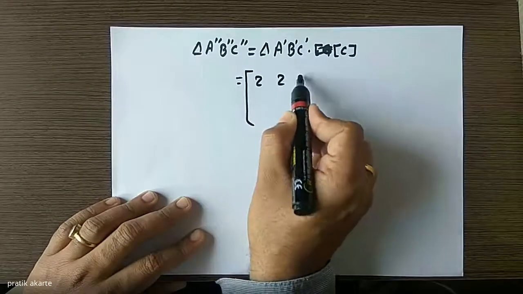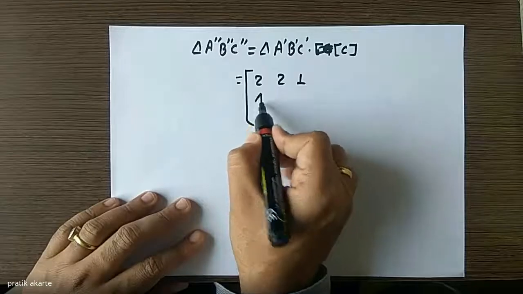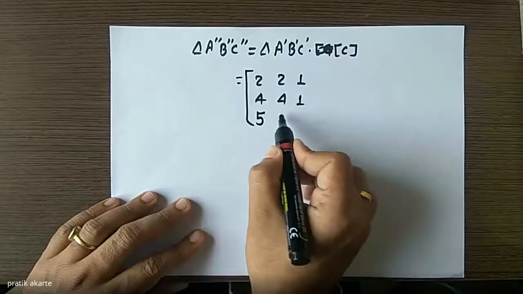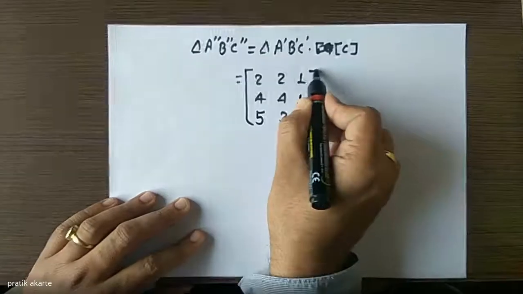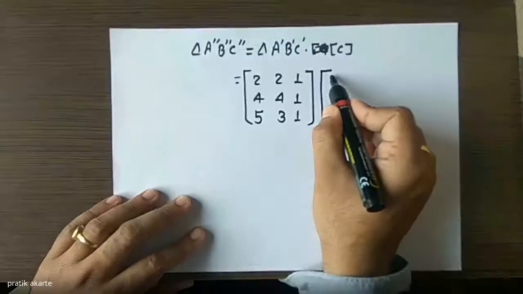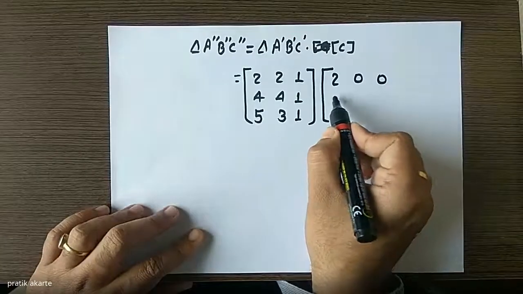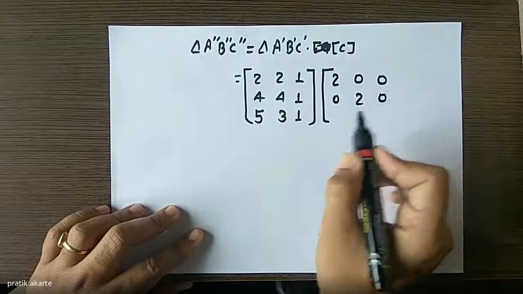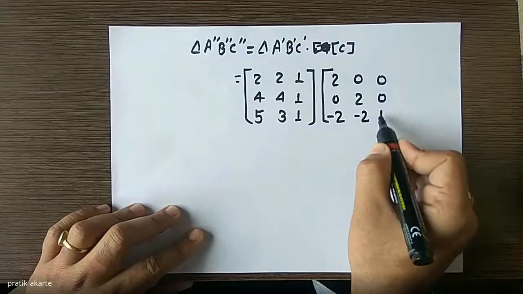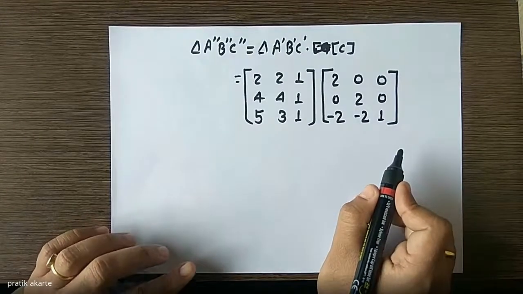2, 2, 1, 4, 4, 1, and 5, 3, 1 into the composite transformation matrix as 2, 0, 0, 0, 2, 0, minus 2, 1. Okay.